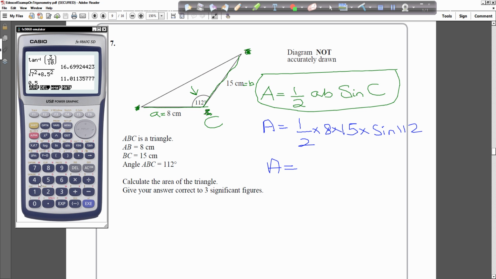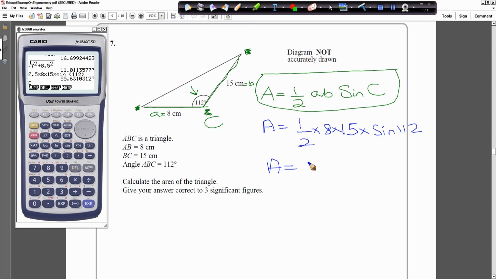So 0.5, we multiply that by 8, then we multiply that by 15, and then we multiply it by the sine of... Okay. And we get an answer of... What's that answer, folks? 55.6. So we have 55.631. Just copy the digits down.